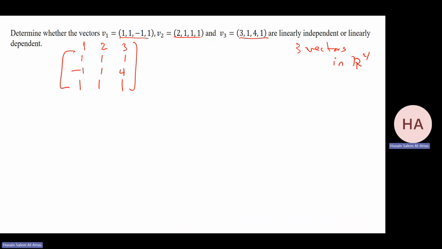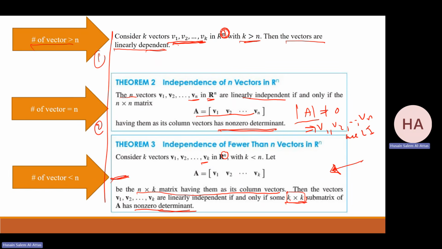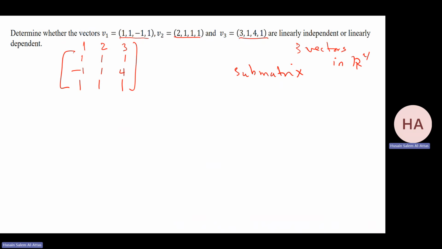The question is, can I take a submatrix? K is the number of vectors, so I need a 3 by 3 submatrix, let me call it S, where the determinant of S is not equal to 0.